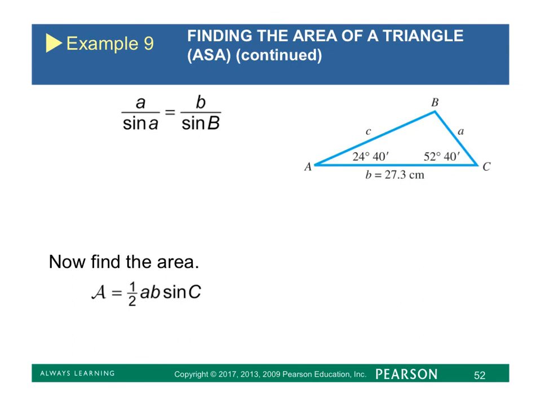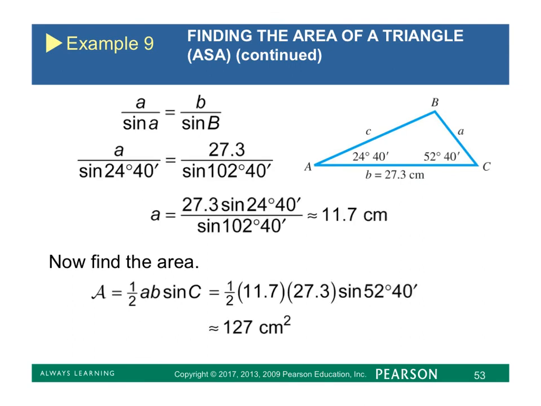Getting ready to do it. 1/2, 11.7, 27.3, sine. Only problem is he's getting 127. So I am not sure. I'm going to look at my calculator one more time.